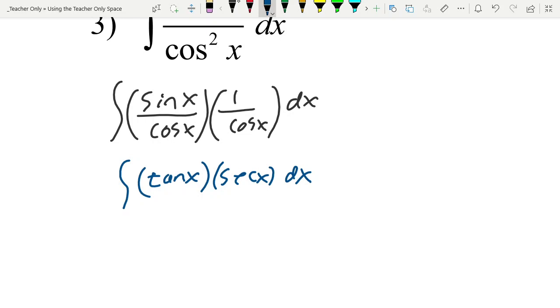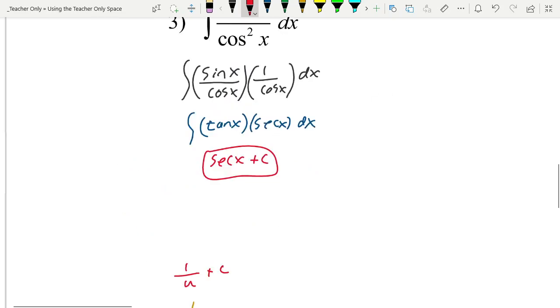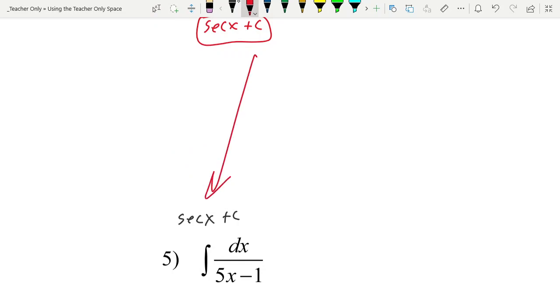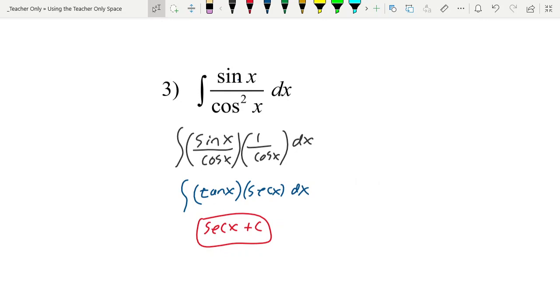So with just a little bit of rewrite, we turn this into a basic antiderivative. The antiderivative of secant tangent is simply secant. And that makes sense, because way down here our answer was secant. So long story short, don't forget your old techniques. They still work. Okay. All right.